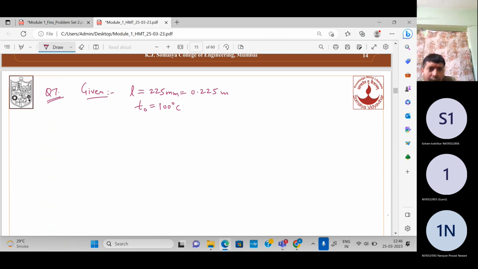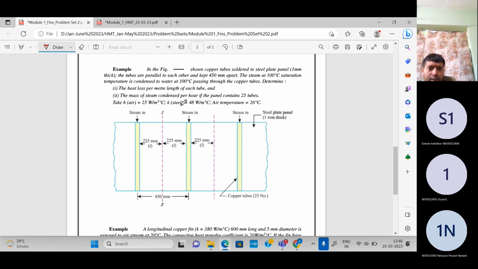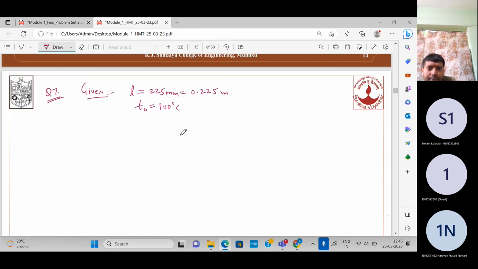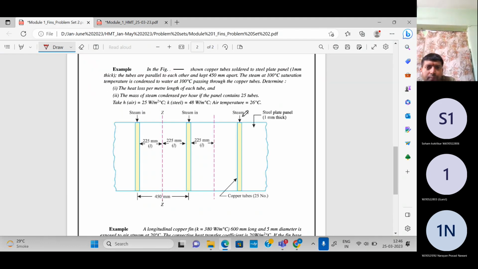Now the temperature of the air, here it is given, air temperature 26 degrees Celsius. So this T_A is 26 degrees Celsius. Now what else? After this, thermal conductivity is given and h is given. Thermal conductivity is this 48 watt per meter degree Celsius, and h is 25 watt per meter square degree Celsius.